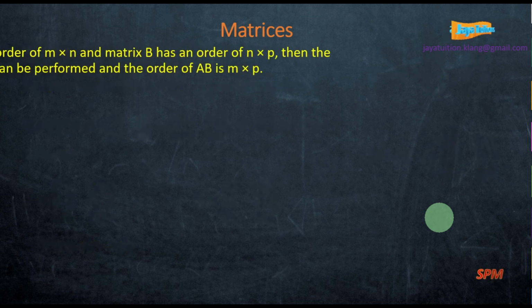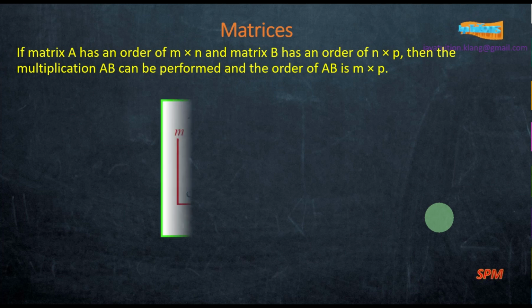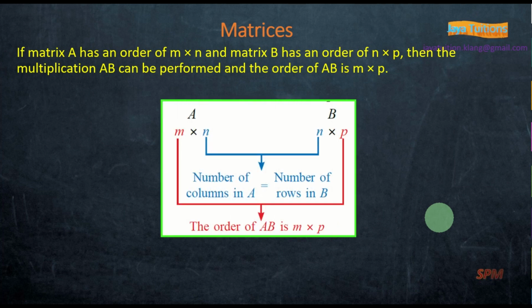Now here, a very important part we are going to see is the multiplication of matrices. But before actually doing a multiplication, when can the multiplication of two matrices be performed? Matrix A is of order m by n and matrix B should be of order n by p.